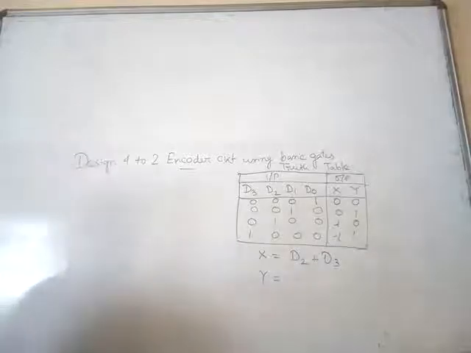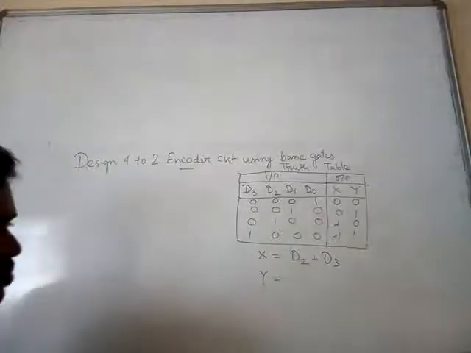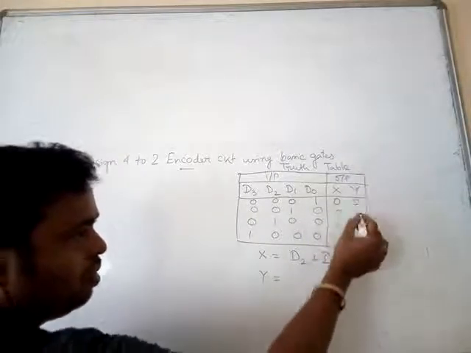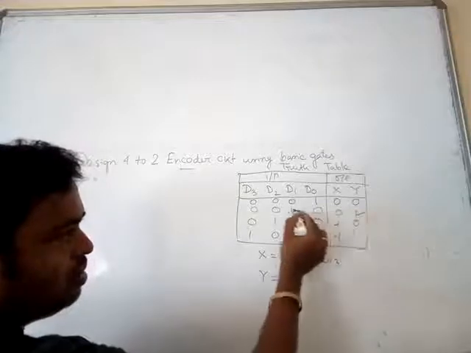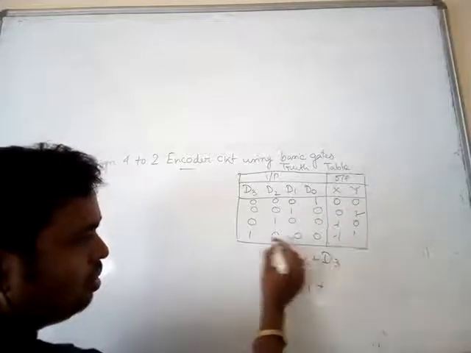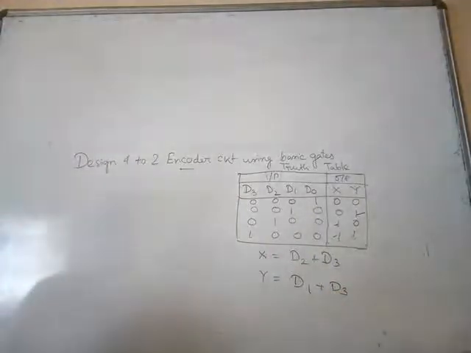This is the expression X equals D2 plus D3. For Y, in this case you can see D1 is high, so it is D1 plus D3. So X equals D2 plus D3 and Y equals D1 plus D3.